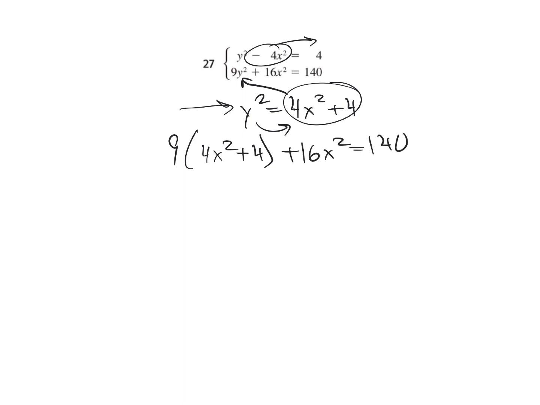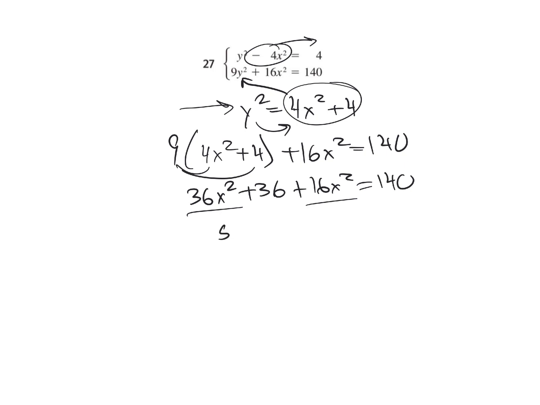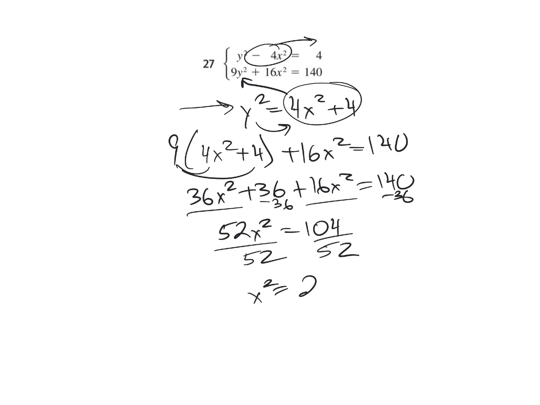Now distribute the 9 and put like terms together and solve. 36x squared plus 36 plus 16x squared equals 140. That's 52x squared. Subtract 36 and divide off the 52, and conveniently we take the square root. That's plus or minus the square root of 2.